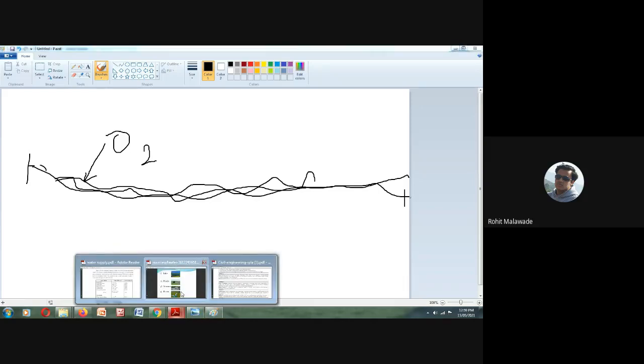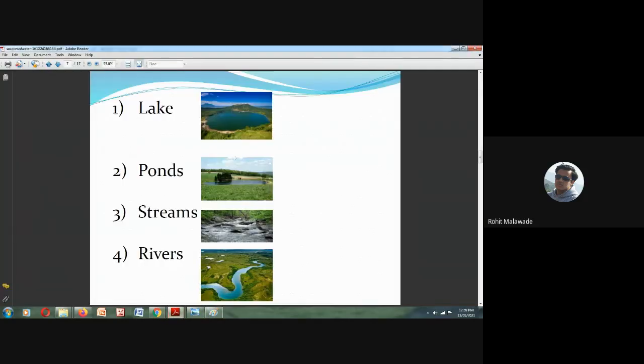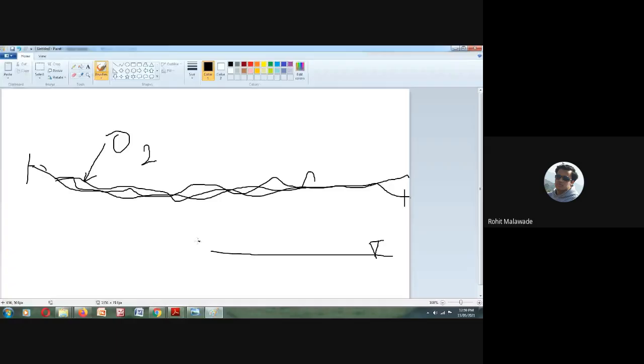But if you consider this in the case of a lake or pond, as this is stagnant, here the water will be stagnant. There will be no movement, and air bubbles will not get created.